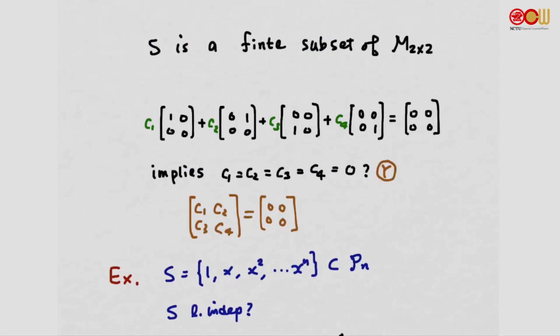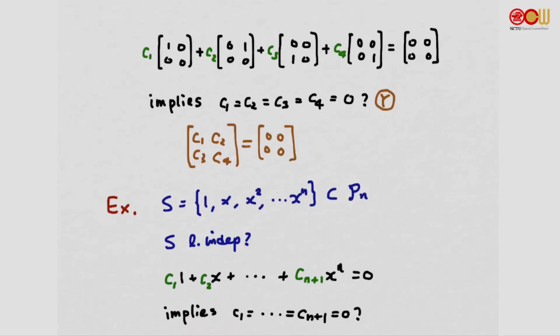Another example. Let's consider S to be a subset of Pn. Remember, Pn is the vector space that contains all the polynomials of degree less than or equal to n, and S has 1 and the powers of x up to n. Is such an S linearly independent? To determine whether S is linearly independent, we form a linear combination of the vectors. Now, each vector is a polynomial of x.